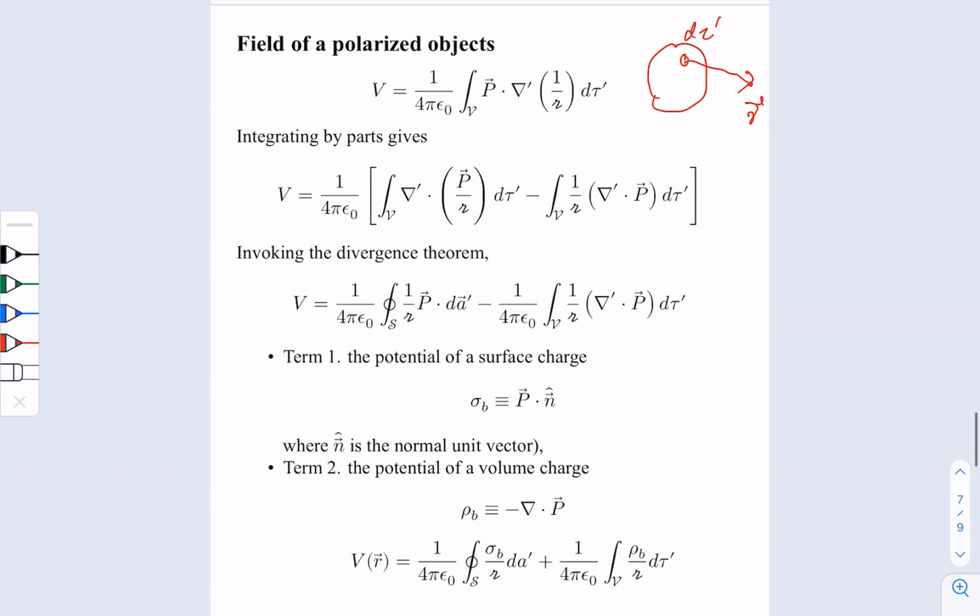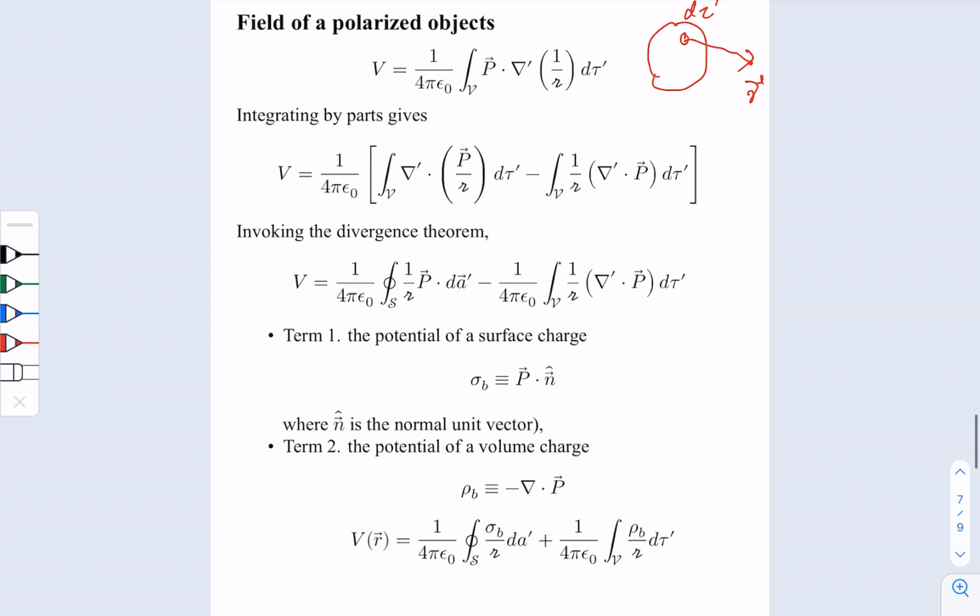So this first term is a combination of the two terms here, and to this term we can apply the divergence theorem and reduce this volume integral to a surface integral, and the second term is kept the same.